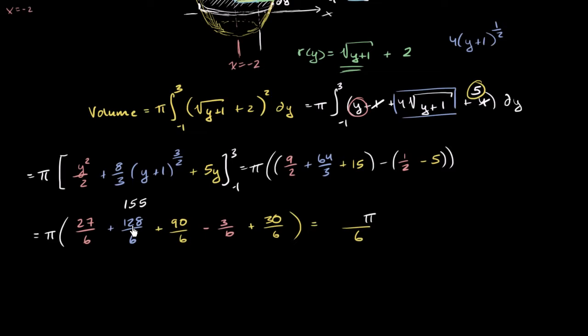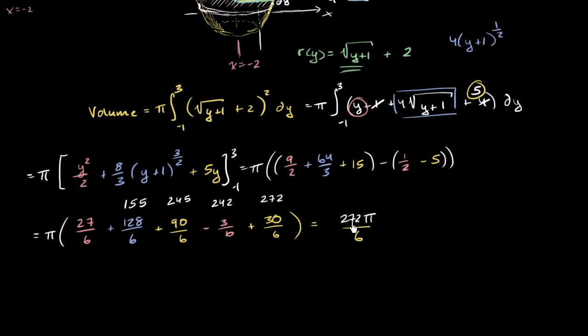Yeah, 155 plus 90 gets us to 245. Minus 3, you subtract 3 from that, you get to 242. And then you add 30 to that, you get to 272. So we're left with 272 pi over 6.